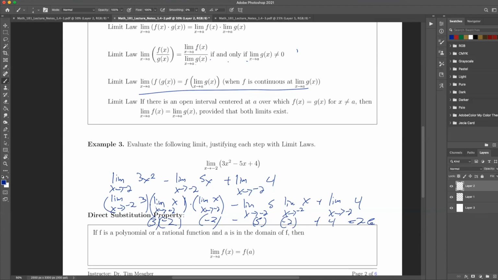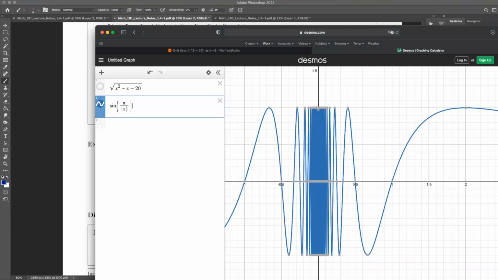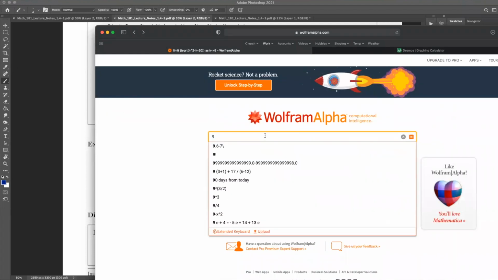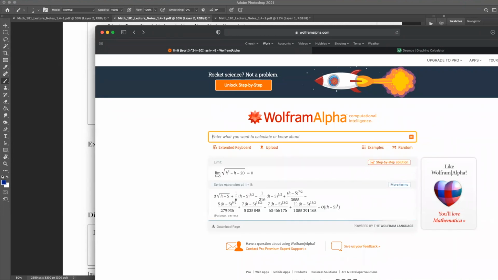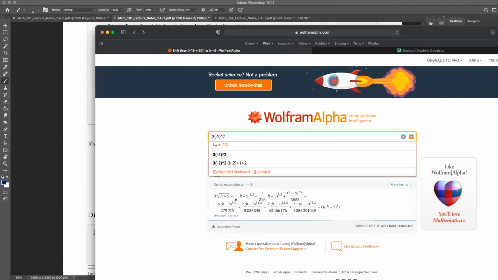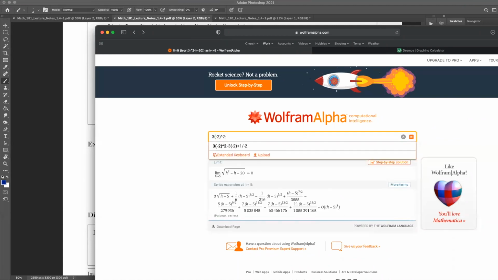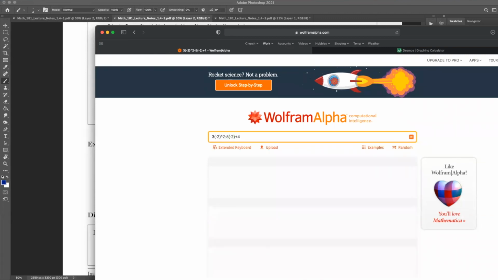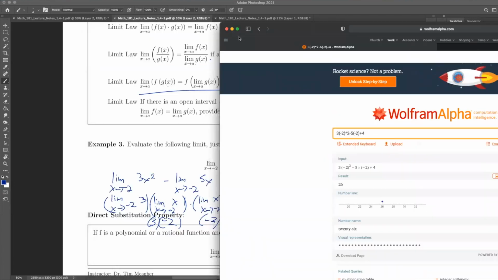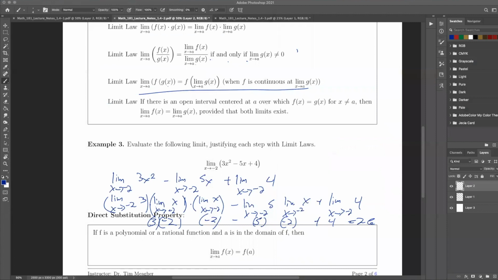I got 26 too. Good old calculators. I don't need to take the limit right now, I just need to figure out what 3 times -2 is, because I have a terrible history while teaching of not being able to do basic math. Okay, and so here we figured out what the limit is. The limit here is 26.